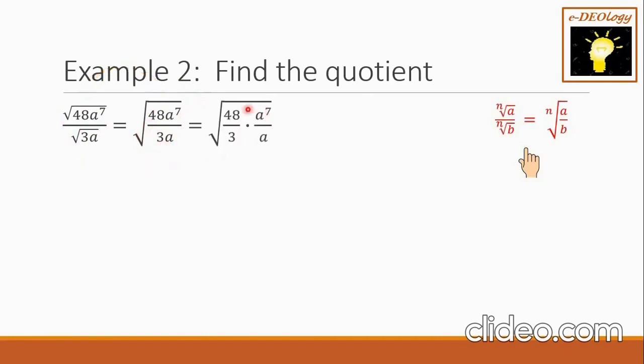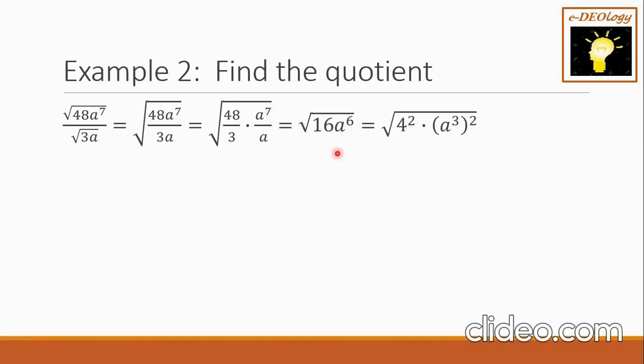Next, inside the radical, we're going to group the coefficients and we're going to group the variable a respectively. We're going to simplify the 48 divided by 3. We will get 16. And the a raised to 7 divided by a, we can cancel that a in the denominator. We cancel the exponent 7. Then this will now be exponent 6. So in here, the answer will be the square root of 16a raised to 6.